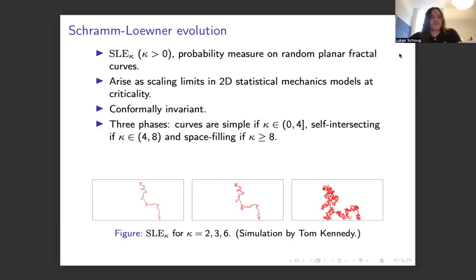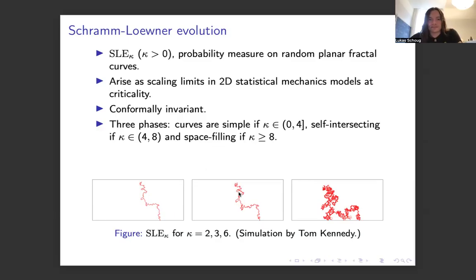They exhibit quite interesting phases. There is one parameter that parameterizes this family of curves, which is kappa, which is non-negative. If we pick kappa to be between 0 up to and including 4, then we get a simple curve, like in these two.